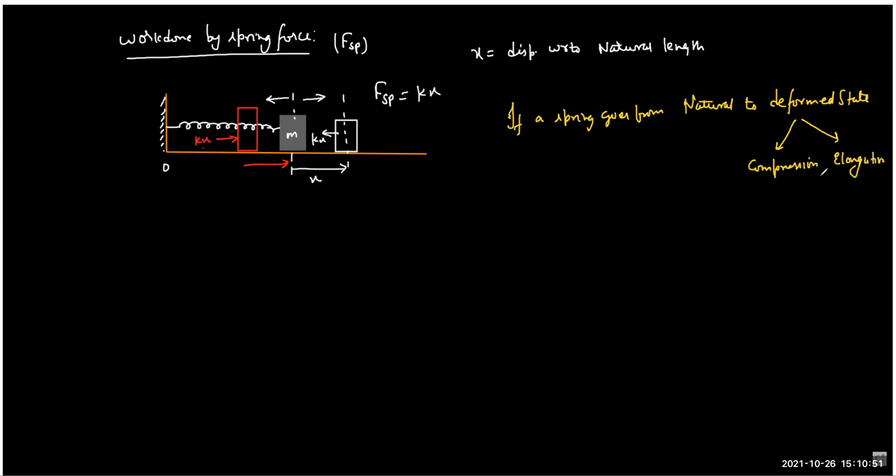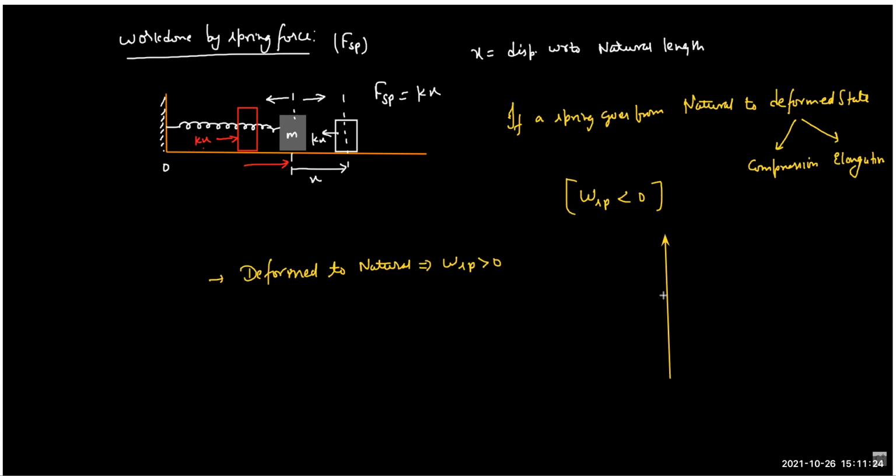So both are called deformed state. The work done by spring is bound to be negative. And the other case is deformed to natural, the work done by spring is bound to be positive, and it is always opposing, so that's why it's positive.